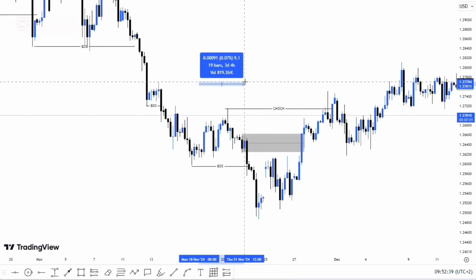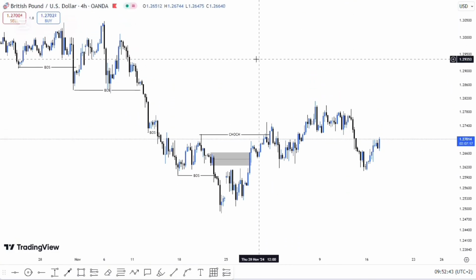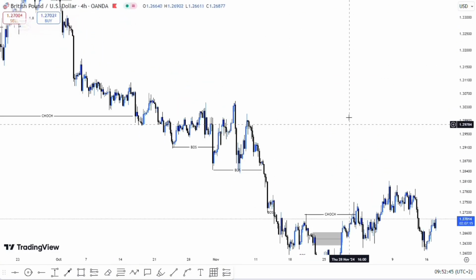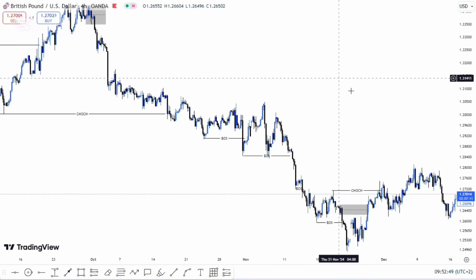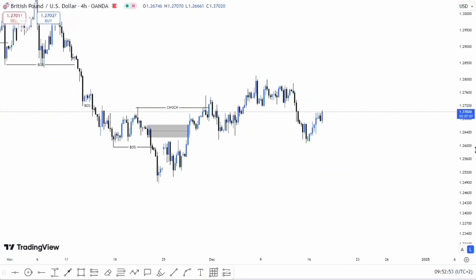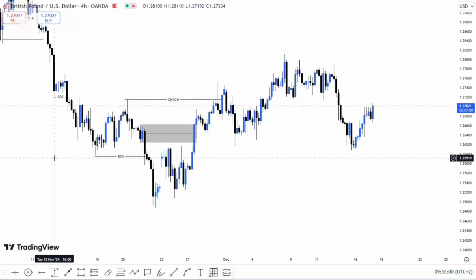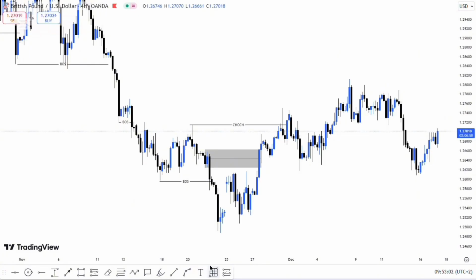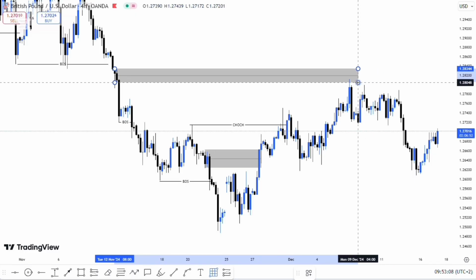From this point we are now bullish, but this is what I need to see on the smaller time frame. As you can see, overall we are bearish, and we are still bearish from the 4-hour time frame. But looking at the current market price right here, we have this origin right here where price reacted off right at this order block.